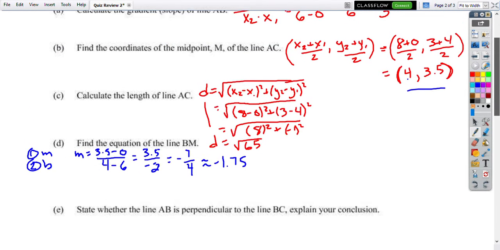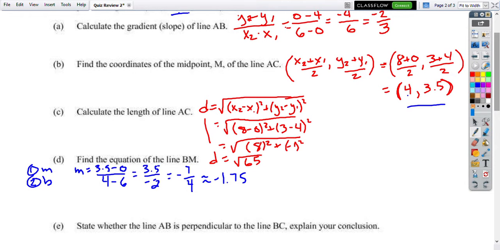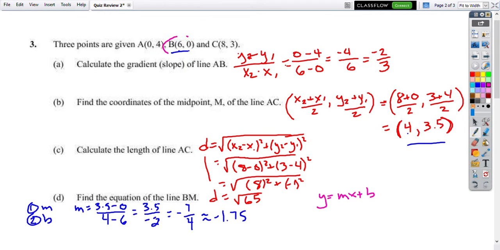All right, and then we're going to want to find the equation. So we still have to find b. So we're going to take our equation y equals mx plus b. We're going to plug in. So we'll use point B. And the reason I'm going to use that is it has a 0 in it. So y is 0 equals m, which is negative 1.75. We can keep it as a decimal if we want, times x, which is 6, and then plus b.